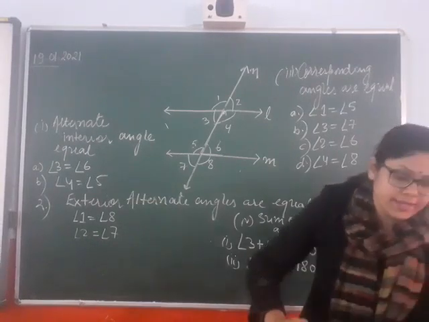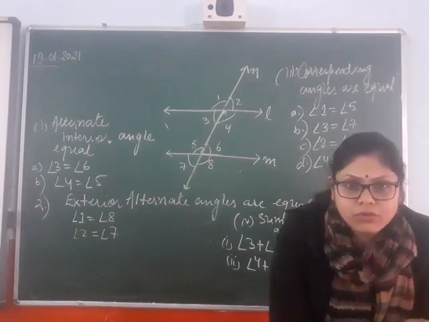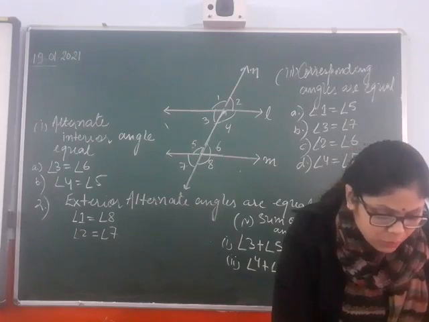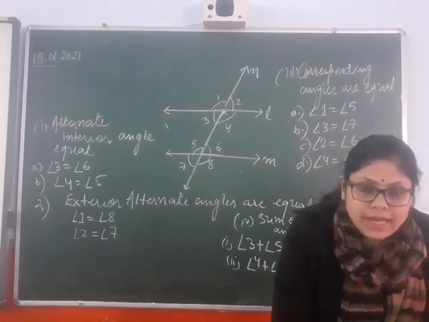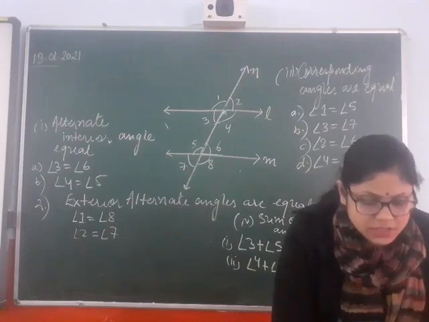We will come to exercise 17C. Please open page number 184 and come to question number 1. You can see here 2 lines AB and CD are cut by transversal EF.